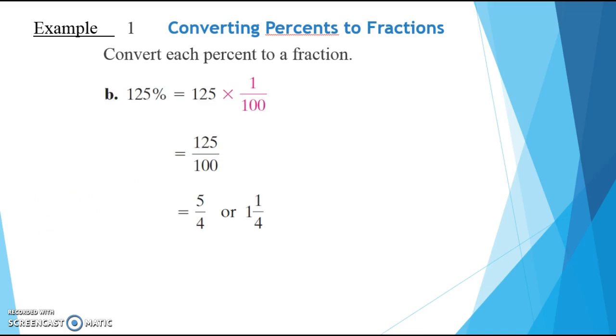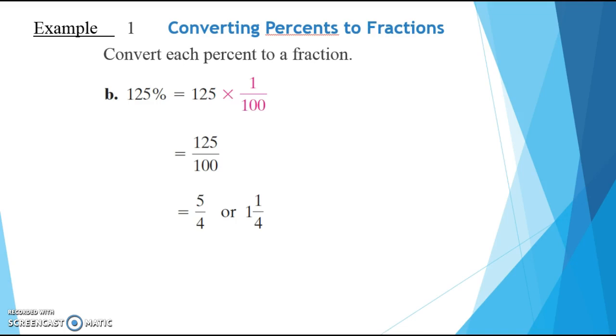So here's another one. 125% is 125 over 100. When you reduce that, you get 5 over 4, which is 1 1/4. So anytime your percent is 100 or more, your fraction, or your number, is going to be more than 1.